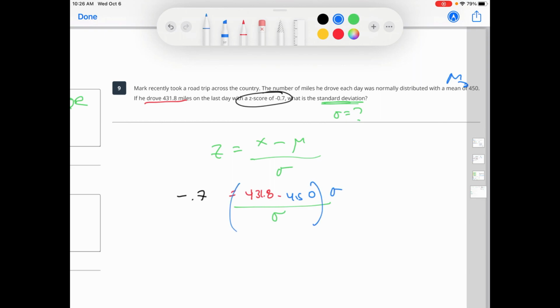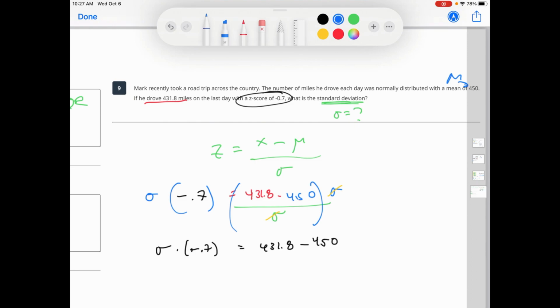I'm going to multiply here. So you have this negative 0.7 times the standard deviation equals 431.8 minus 450.